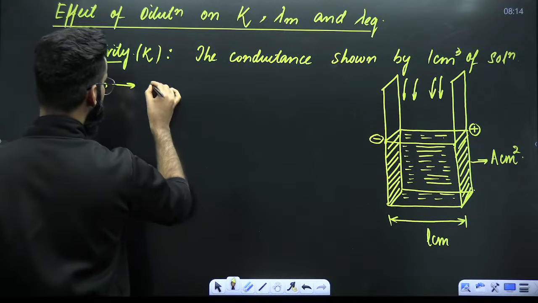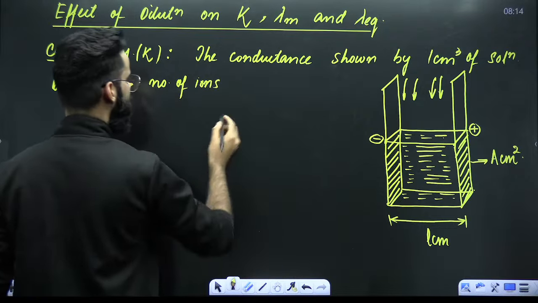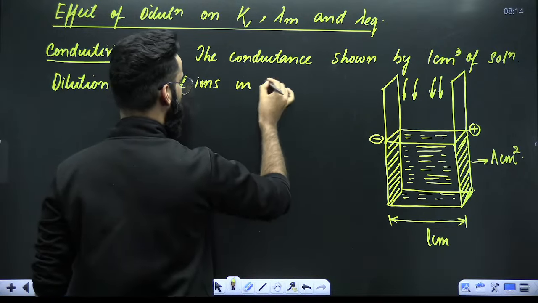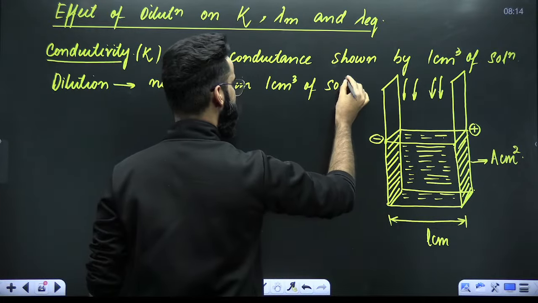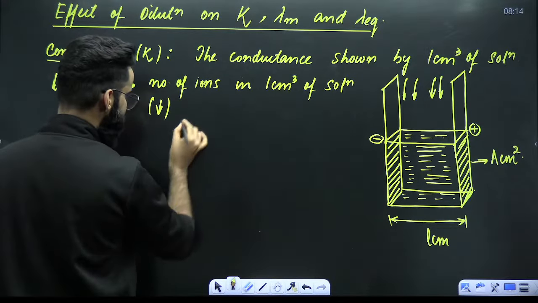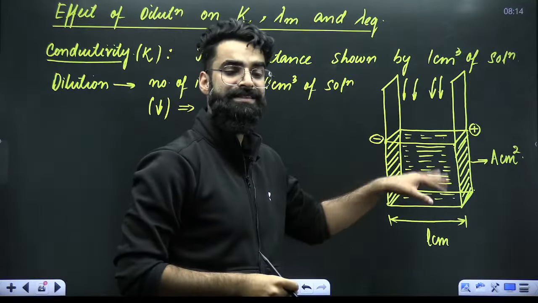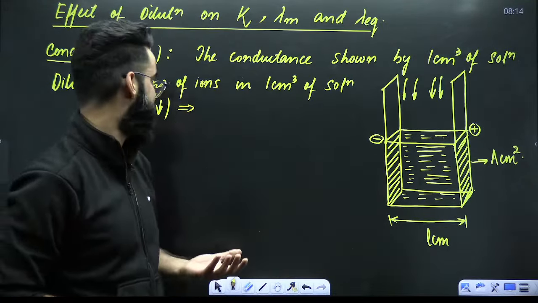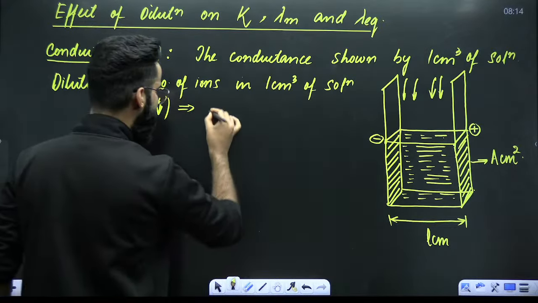I would say the number of ions in 1 centimeter cube of electrolytic solution decreases. And my dear students, it's understood, if the number of ions in 1 centimeter cube of solution decreases, what will happen to conductivity? Conductivity automatically will decrease.